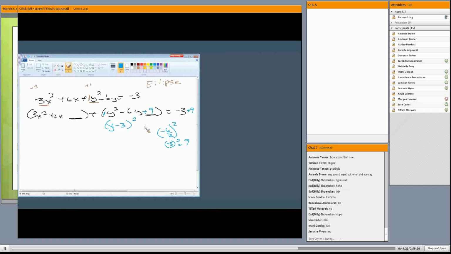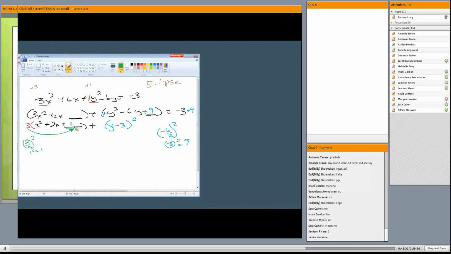y minus 3 squared. Okay? Now we can find our number that we need here. Be careful. Don't do plus 1 and then just add 1 over here, because we added this 1 inside these parentheses. There you go.